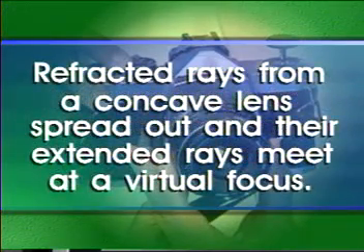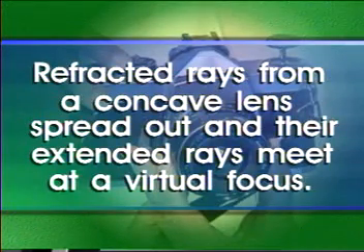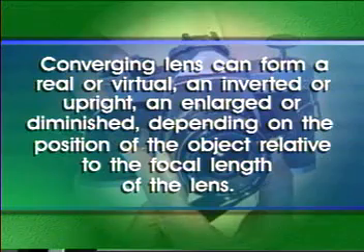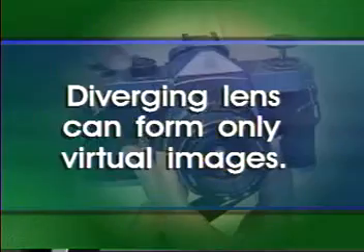Refracted rays from a concave lens spread out, and their extended rays meet at a virtual focus. Converging lens can form a real or virtual, an inverted or upright, an enlarged or diminished image, depending on the position of the object relative to the focal length of the lens.